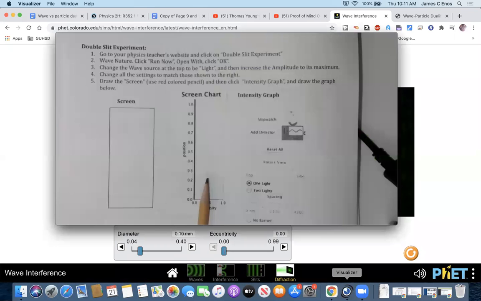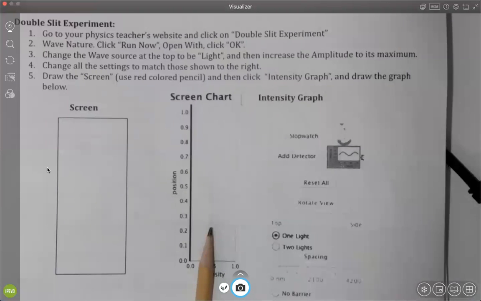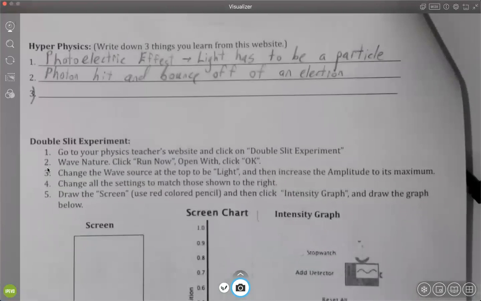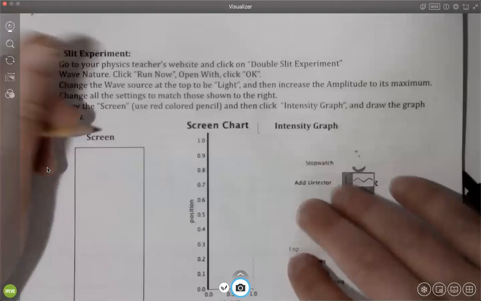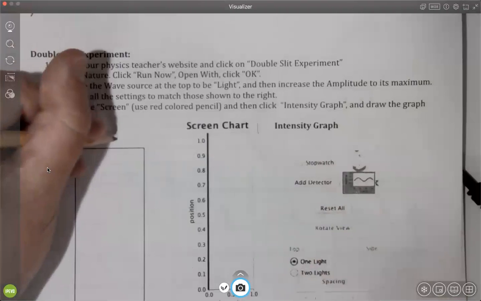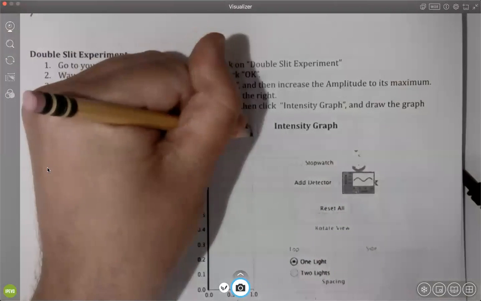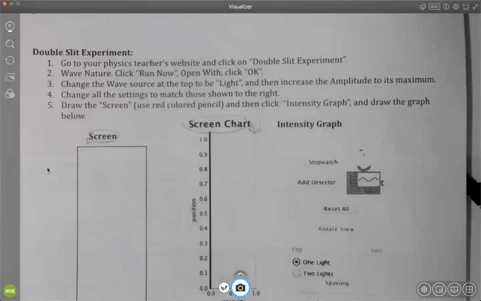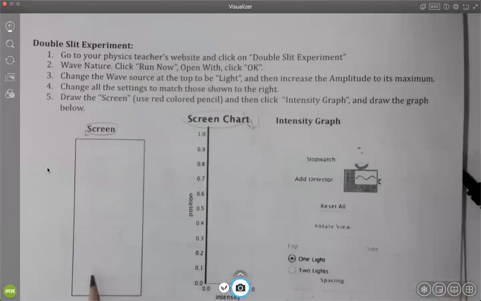So once again, right below the hyperphysics, we're going to have this screen right below and the screen chart right below. I know they look slightly different, but that's okay. What we're going to do in both is try to draw what it is that we're seeing.